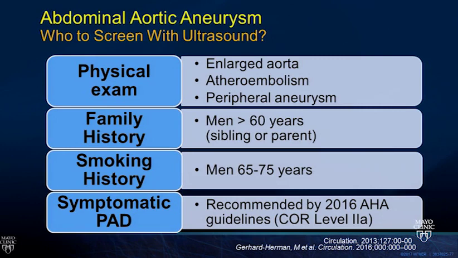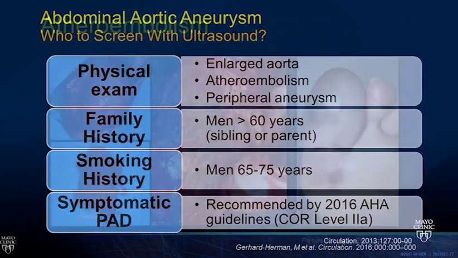And then Medicare will pay for a one-time screening ultrasound for men between the ages of 65 and 75 if they've ever smoked. And then the new PAD guidelines recommended that if patients have symptomatic lower extremity PAD, they should have at least a one-time screening ultrasound for abdominal aneurysm, again, because most are found incidentally.